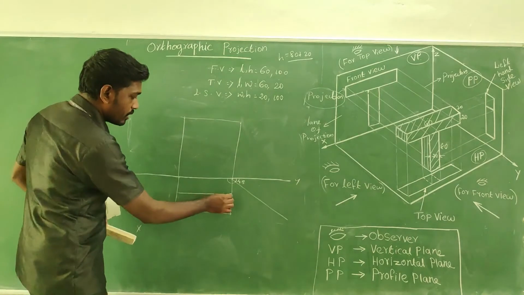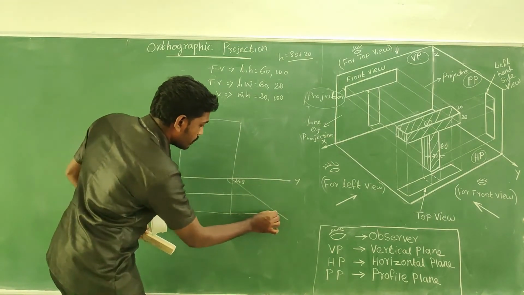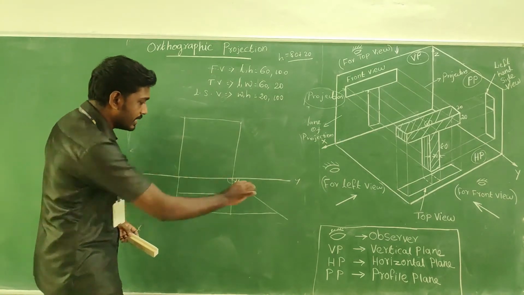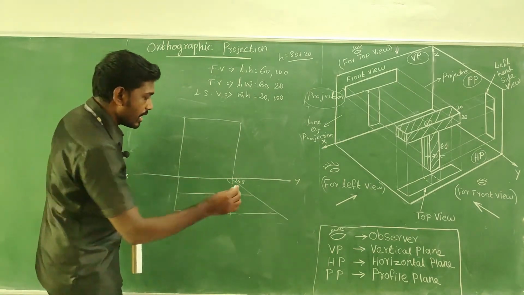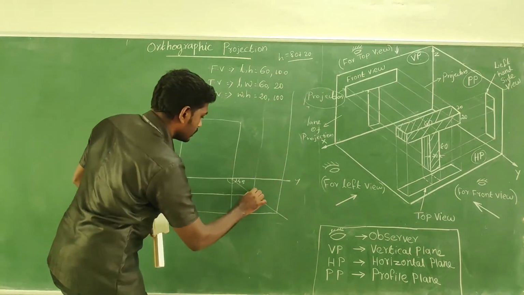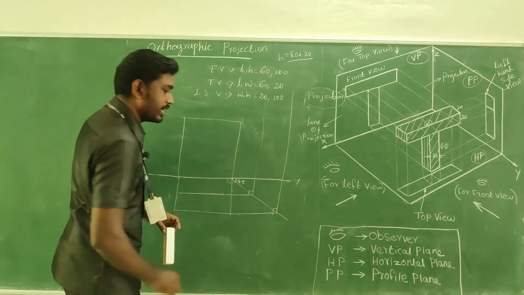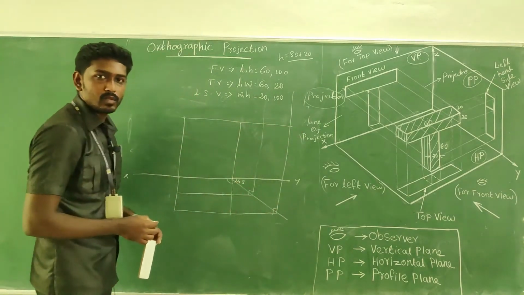Okay. So now take the projectors from the top view like this until the 45 degree line intersects, right? And take a 90 degree line like this. And in the same manner from the front view take a line.